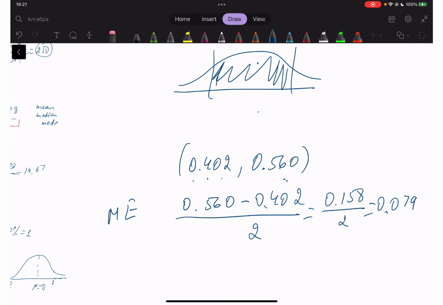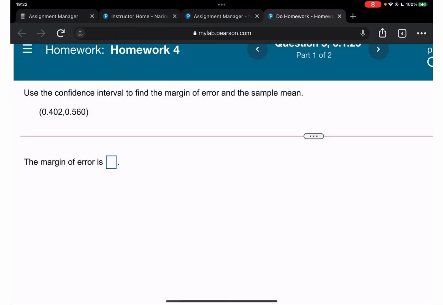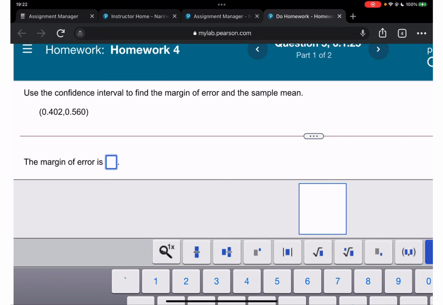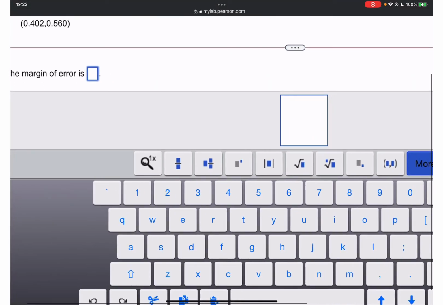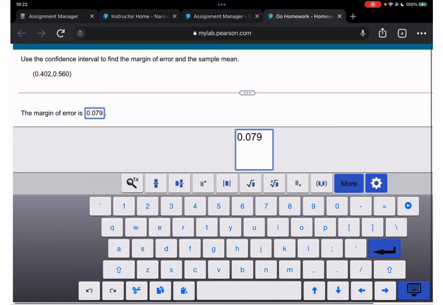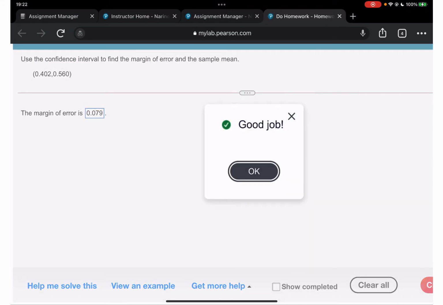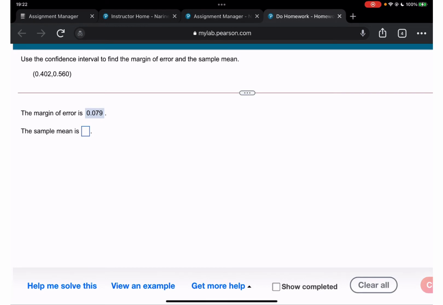Okay, let's see if we need to round or something. No, it doesn't say anything. And we put the full value, 0.079. Good job.